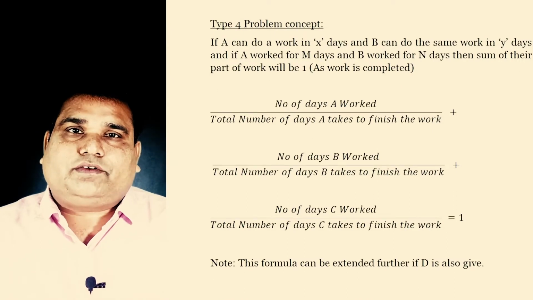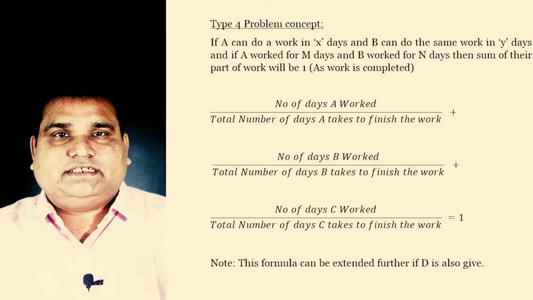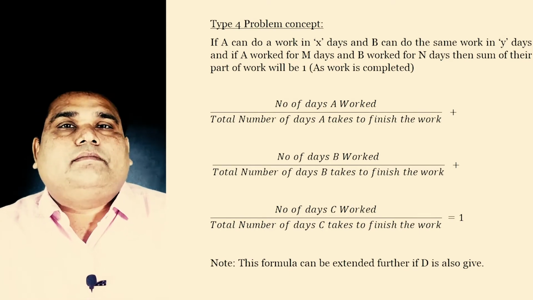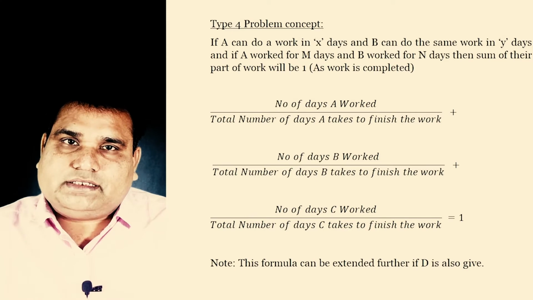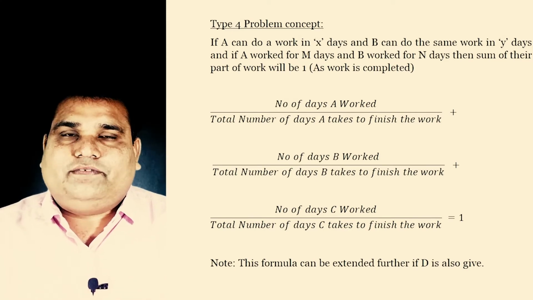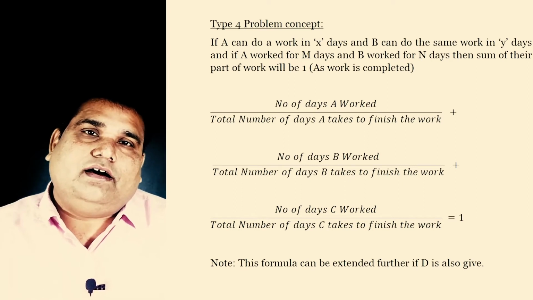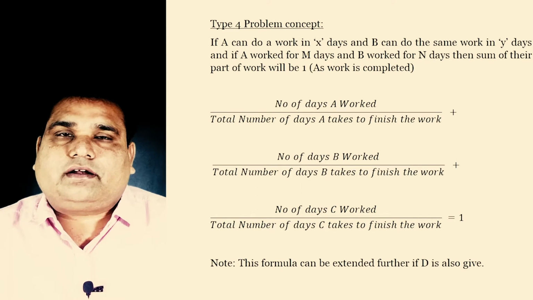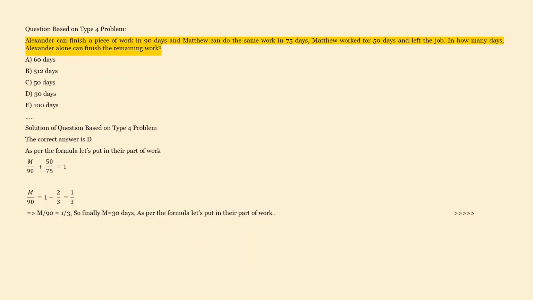So here we'll write the equation x upon 90. x is how many days Alexander is going to work, divided by 90, how many days Alexander alone can finish the work, plus 50 upon 75. 50 is how many days Matthew worked, divided by 75, how many days Matthew alone can finish the work. So the final equation will be x upon 90 plus 50 upon 75 is equal to 1.